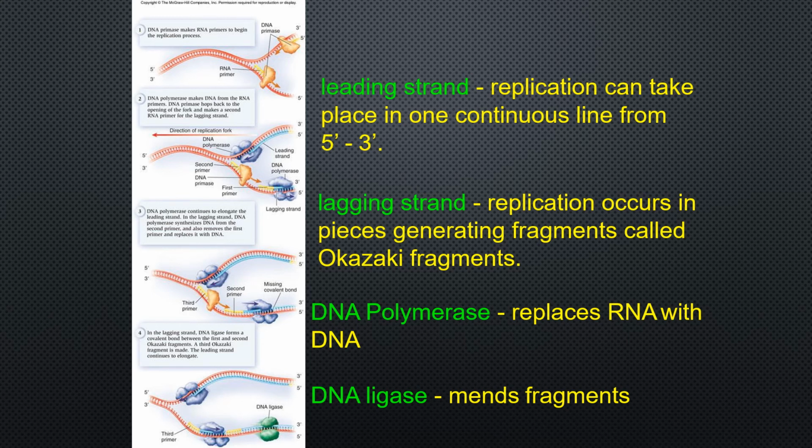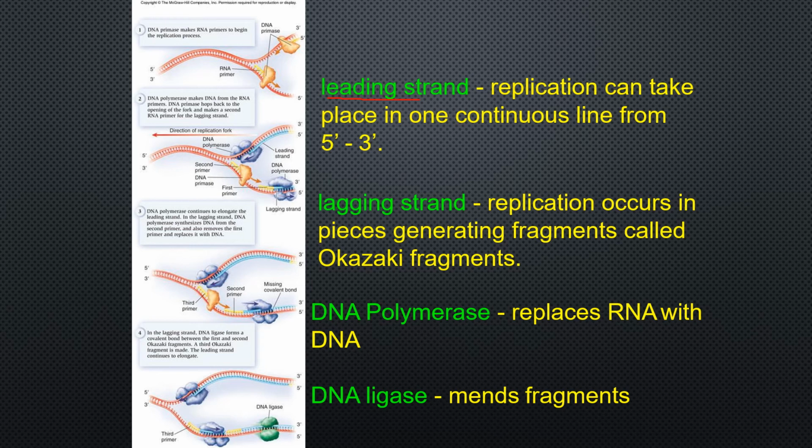So here we go, just taking another look at this again, and this is a figure right out of your textbook. We start with our leading strand that can replicate all at once in one continuous line from 5' to 3'. That's our leading strand.